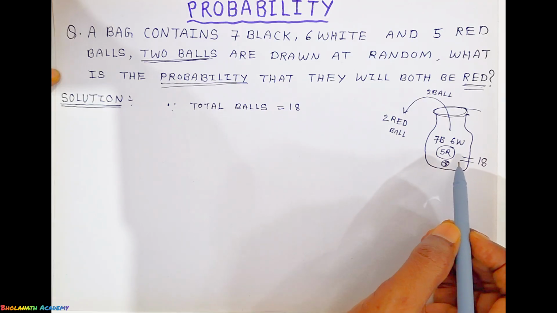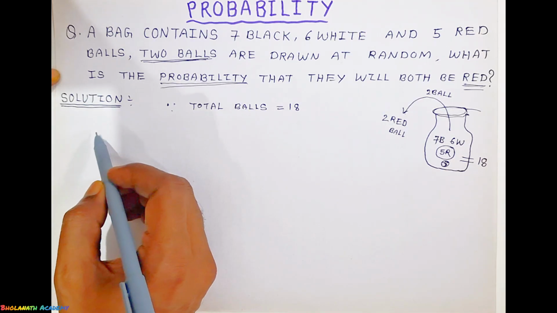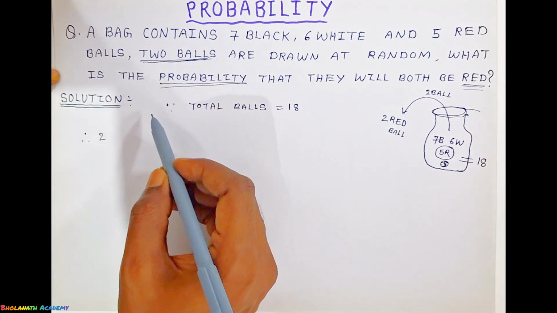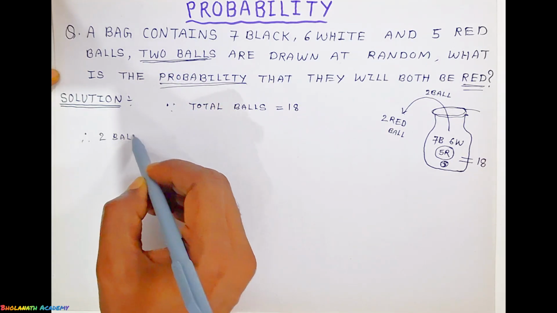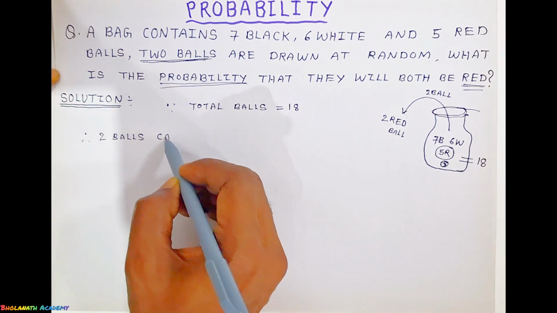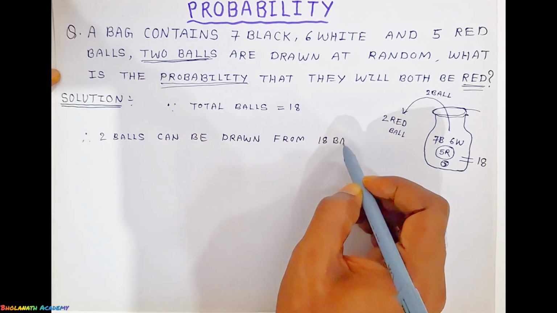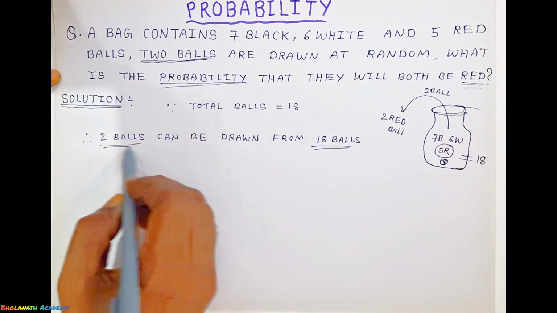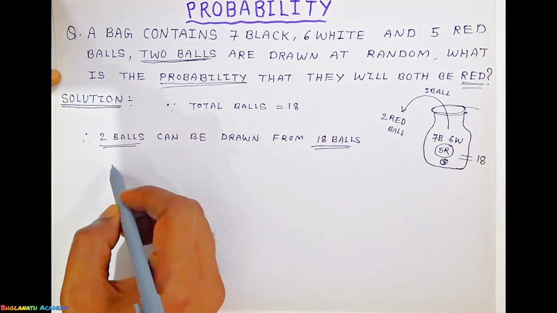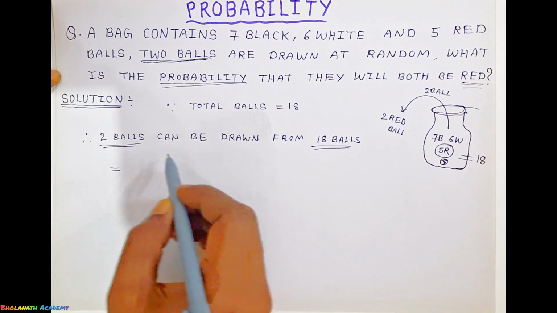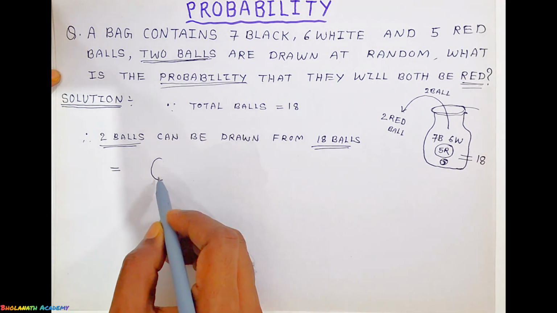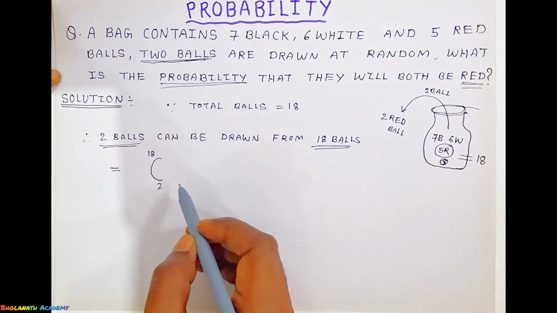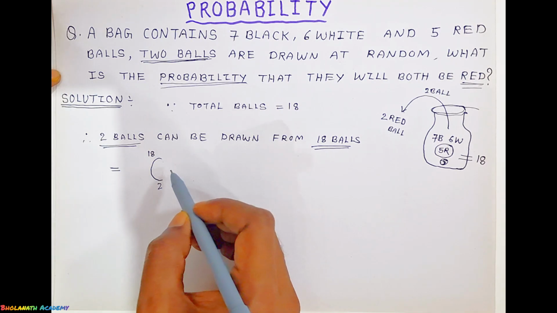From the total of 18 balls you have drawn 2 balls, so you have to apply combination. 2 goes below and 18 goes in the upper part, that is 18C2. These are the ways you can draw the balls.